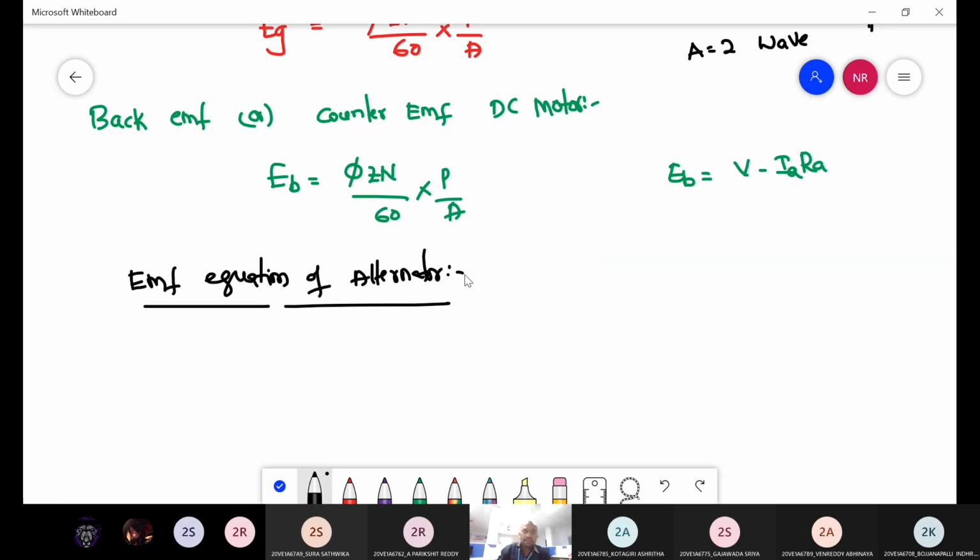So these are the EMF equations, and next the torque equation of a DC motor.